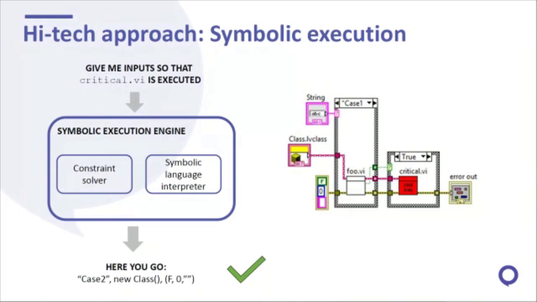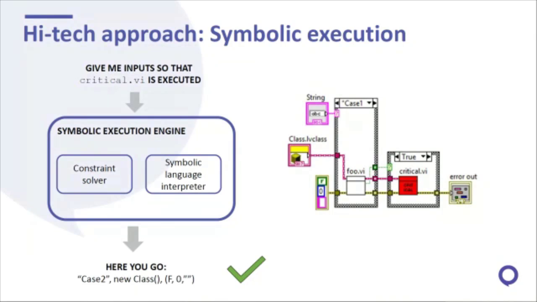The symbolic execution engine does the magic and will give you inputs which are guaranteed to trigger an execution path on which the critical VI is executed.